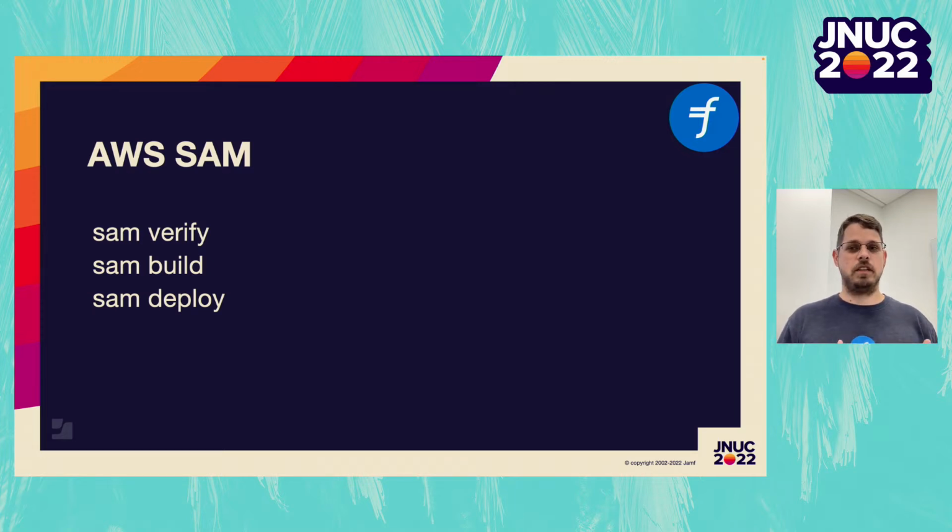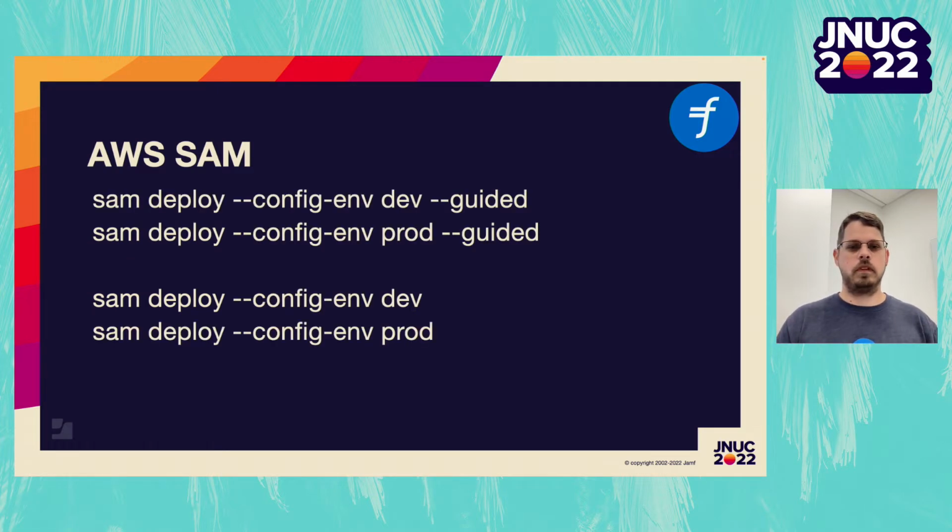And this is something that you have to do every time you make changes. And then the deploy command is the one that you use to push your changes to AWS. So if you have a change, you need to build and then deploy, make your changes, build, deploy, make your changes, etc.